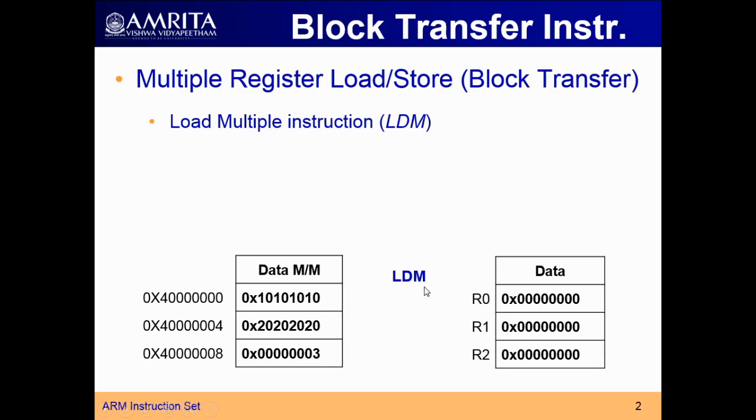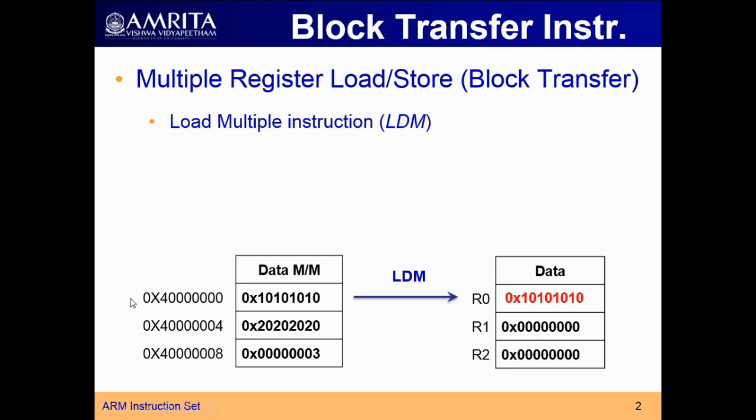Load multiple means what? It is used for loading a block of memory contents to corresponding registers. Data present in a block of memory will be moved on to corresponding registers. Let us say I initialize a pointer to location 4000. The content of 4000 will be moved on to R0.